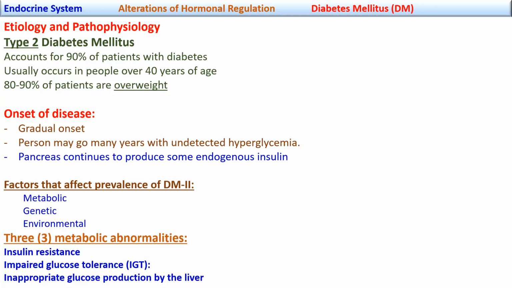So type 2, as we said, is either metabolic, genetic, or environmental in terms of etiology. There are three main metabolic abnormalities that may result in type 2 diabetes: insulin resistance, IGT or impaired glucose tolerance, or inappropriate glucose production by the liver.